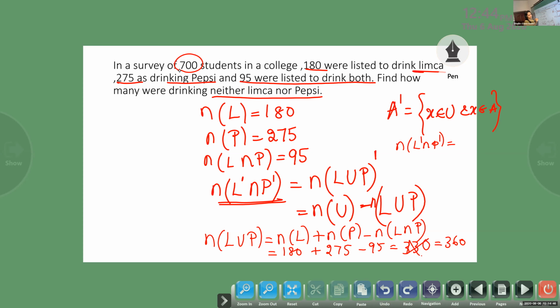That is the number of elements in the universal set. So 700 minus 360 is 340. Okay, correct.